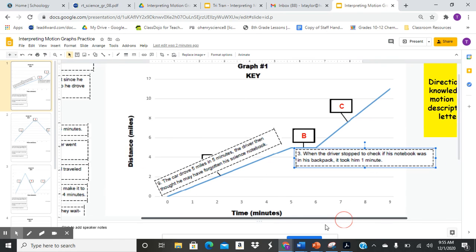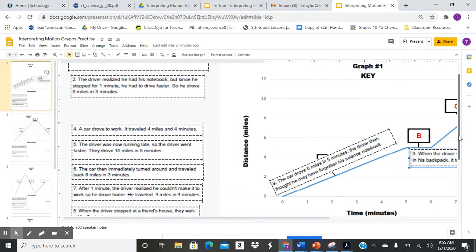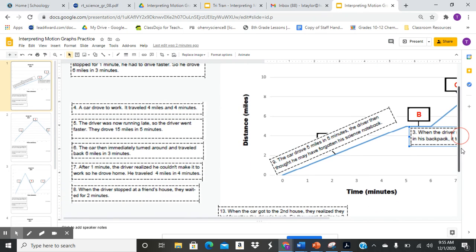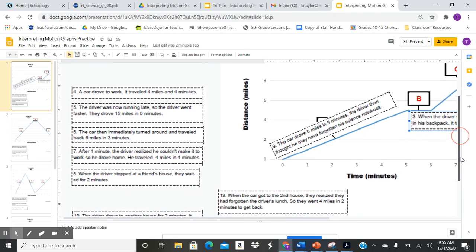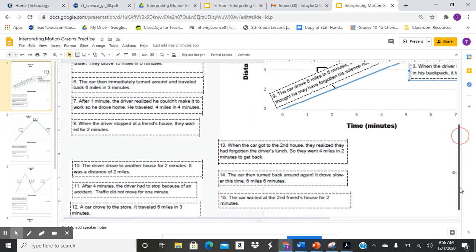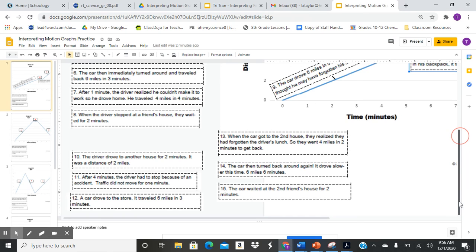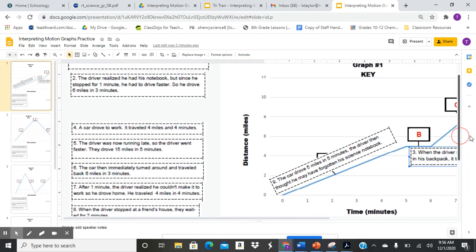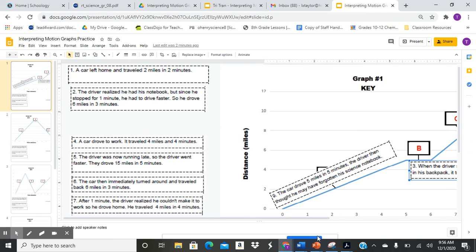So if I go to my descriptions and read all of them, and remember my line is straight up, so he's moving forward, he's not going backwards. And also it's going to match the story, right?